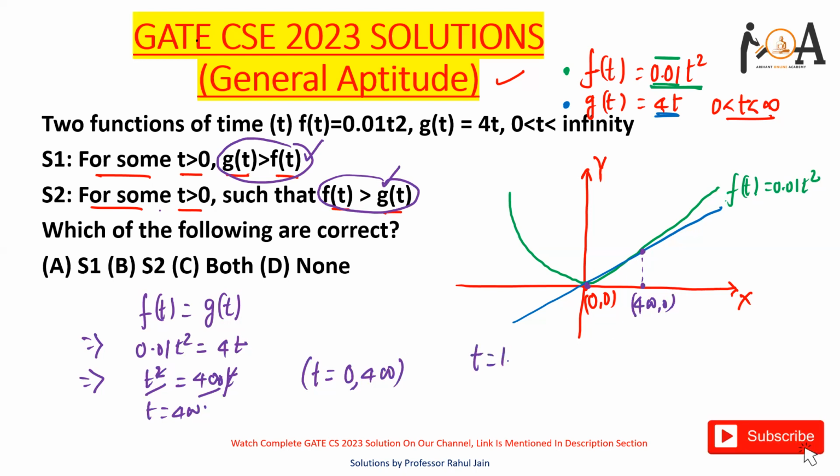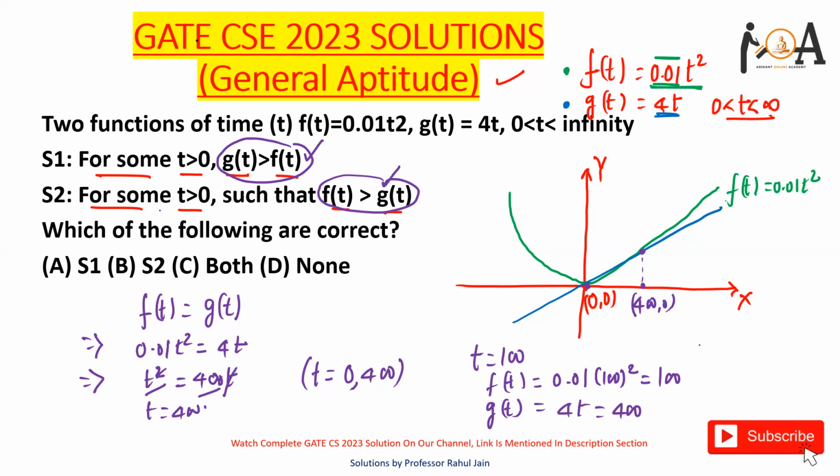Let's take t equals 200 and put it on f(t): that is 0.01 times 200 square, so I get 400 as a value. On g(t), putting the same value, 4 times 200, it is 800.